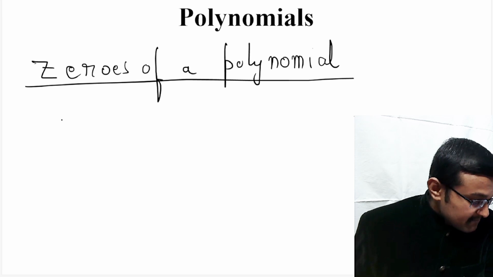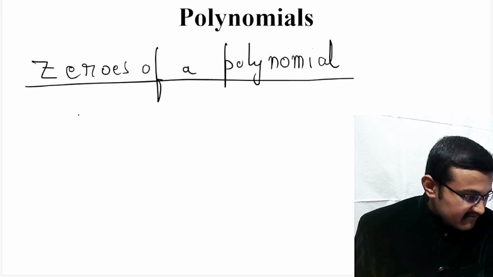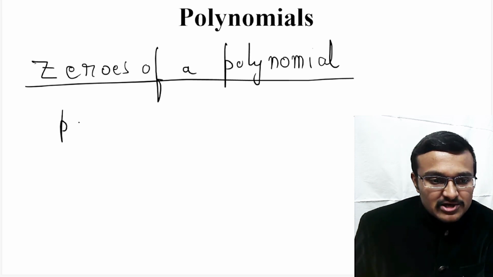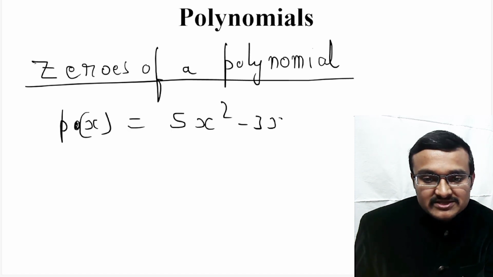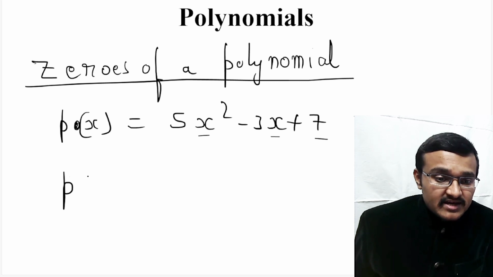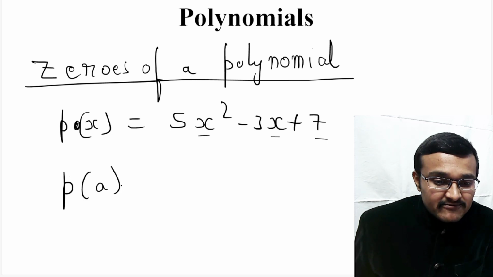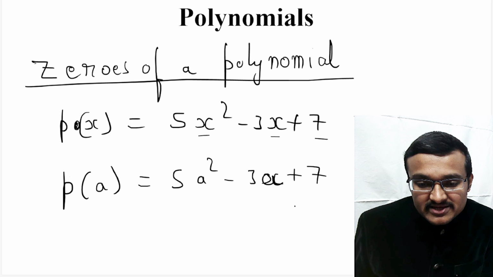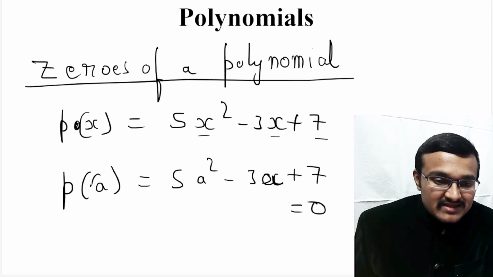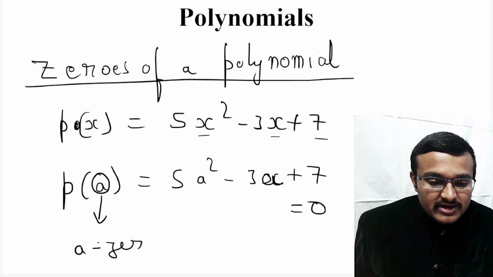So let us take one example here. Whenever you have a polynomial, let's say p of x is equal to 5x square minus 3x plus 7, you have to take p of a. That means whenever you substitute a in the place of x, if this polynomial becomes equal to 0, then this a is known as a 0 of the polynomial.